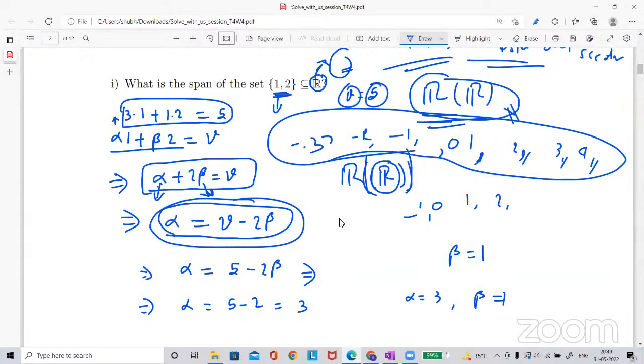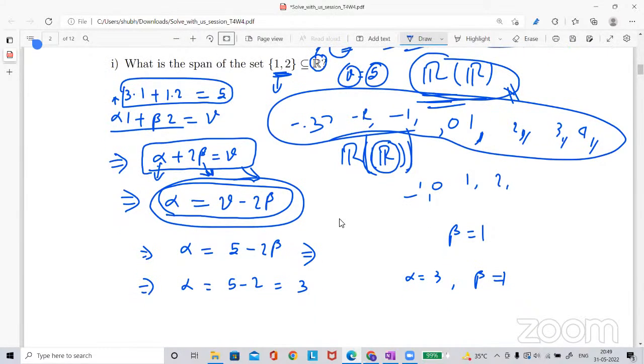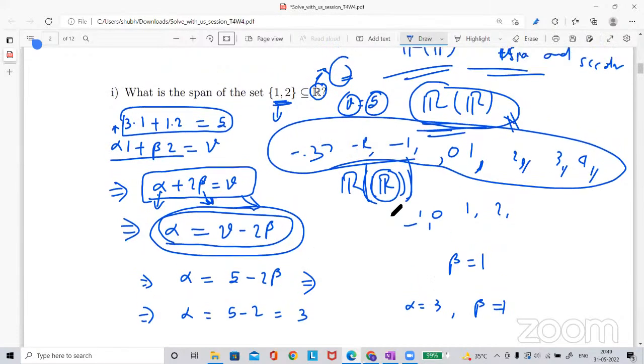Similarly, in place of 5, you take any vector, and this equation itself says the span is all of it. I think many of you are confused because we are only working in the reals, that's why many of you are confused about the system of equations having infinitely many solutions. Is it clear to all of you what I am doing here? Yes, sir.